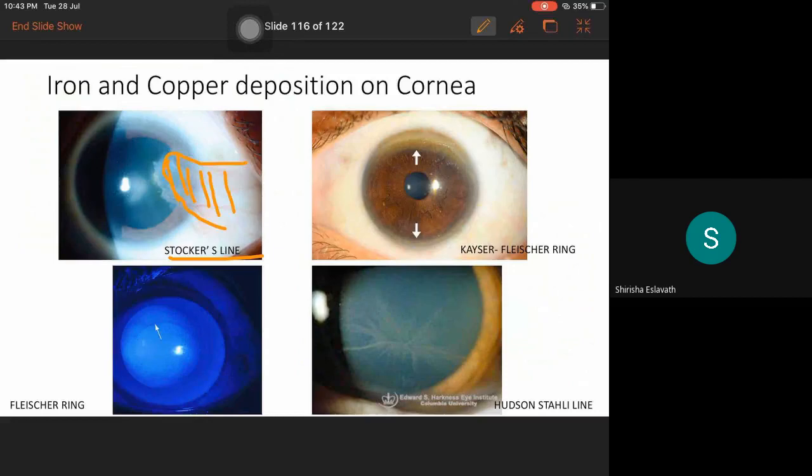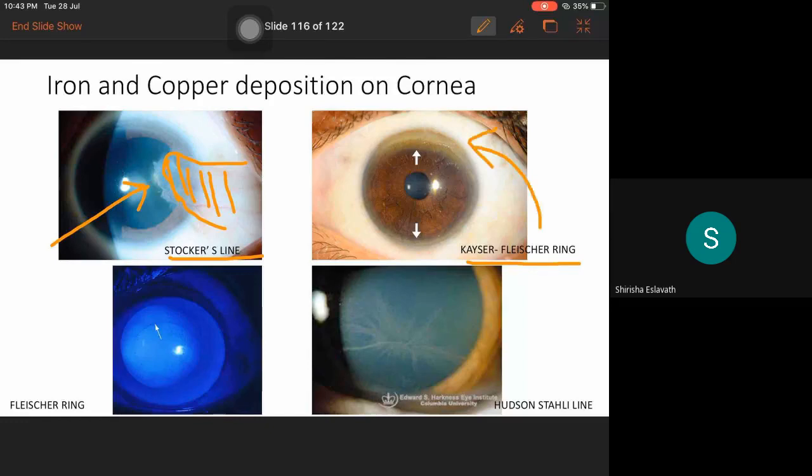Whenever there is damage to the Bowman's membrane and the epithelium, the iron content of the tear will get deposited. That will form a golden brown color line around the head of the pterygium, known as a Stocker's line. Then you have a Kayser-Fleischer ring that is seen in Wilson's disease.